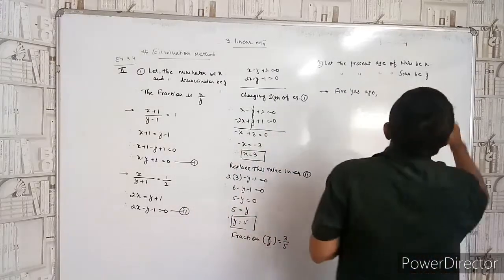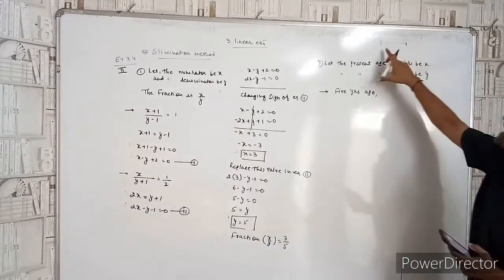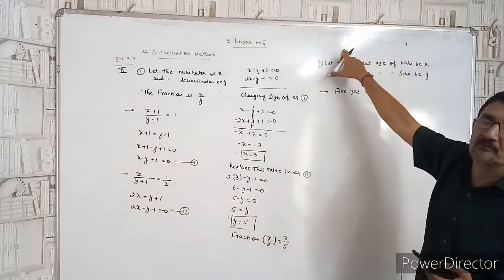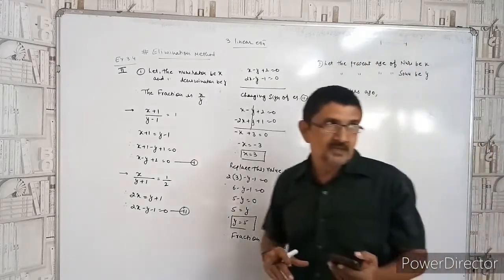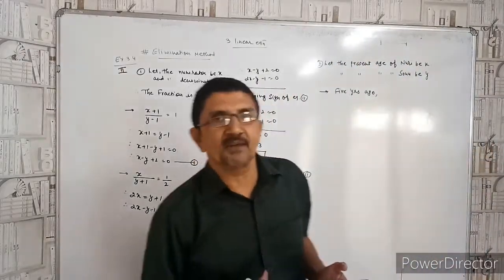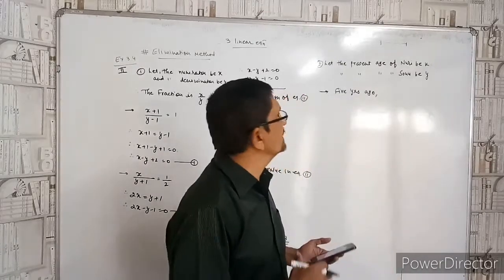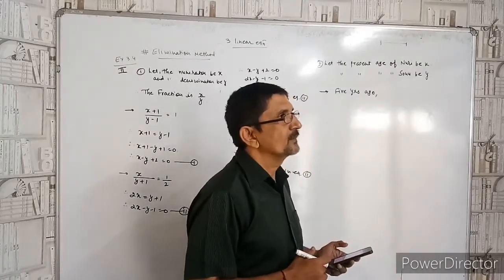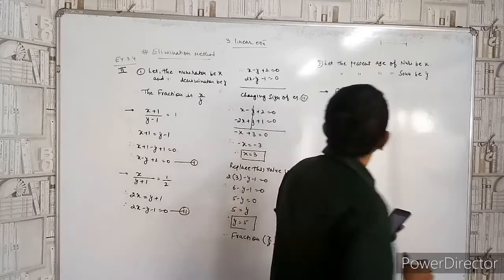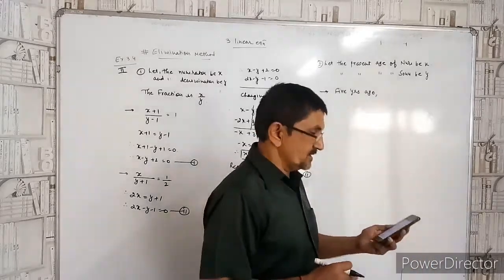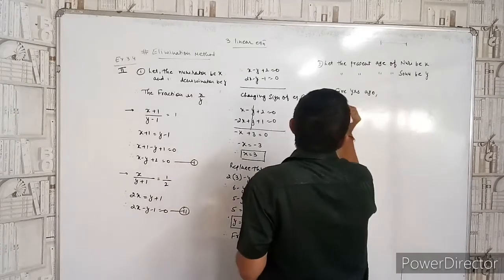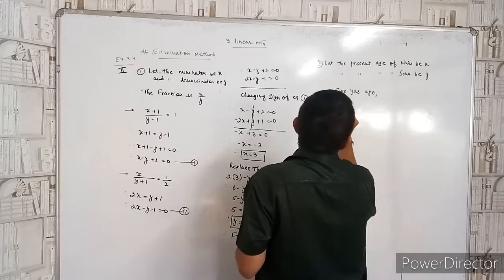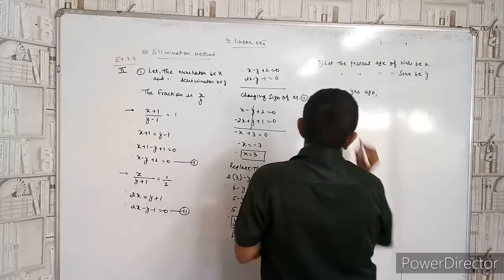So what will be the age of Noori? At present it is x, so 5 years before it was x minus 5. Suppose I am saying that at present my age is 50, so before 5 years it will be 45. So it is 5 years less. So 5 years ago, the age of Noori is x minus 5.